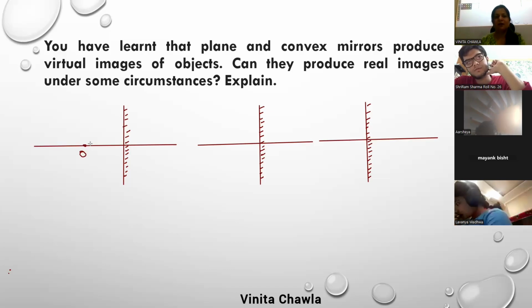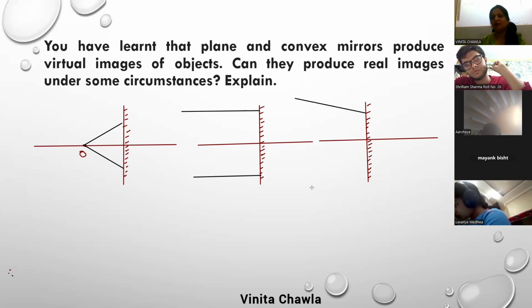Okay, ma'am. Like this. So these are the incident rays which can be drawn. And if we have an object at infinity, then we can draw incident rays like this. See, we can also get incident rays in this way. So you can see that these rays are converging, right?